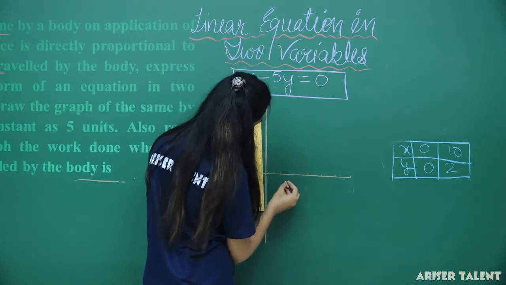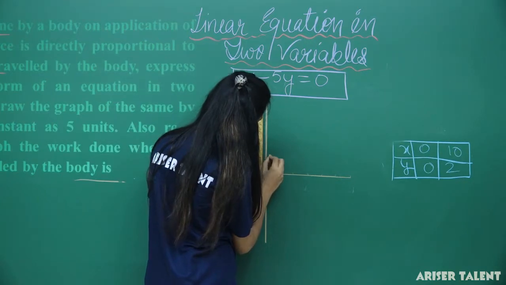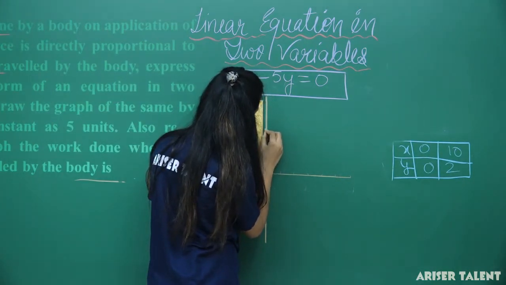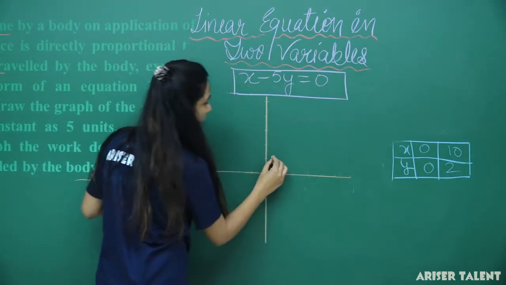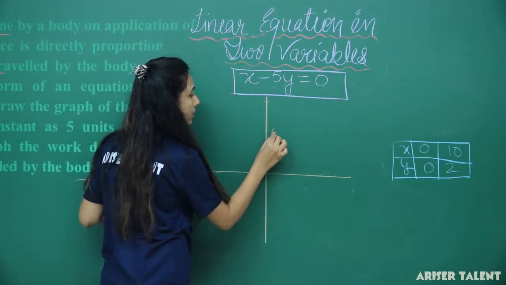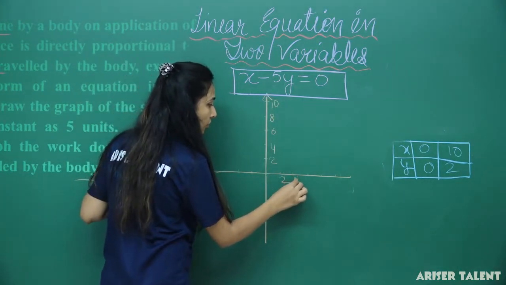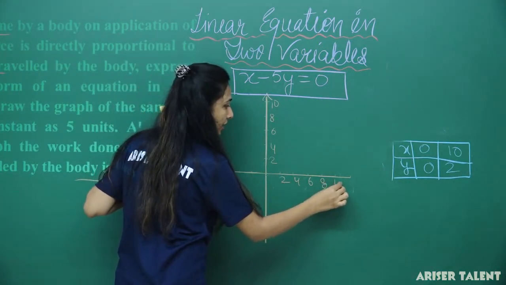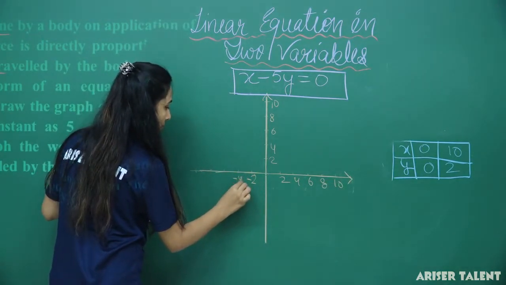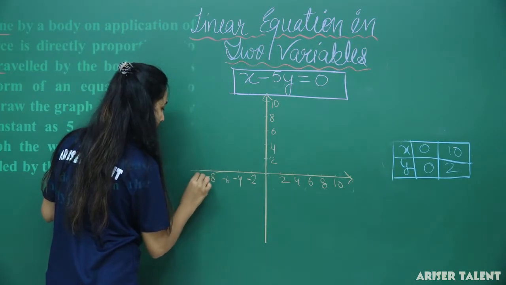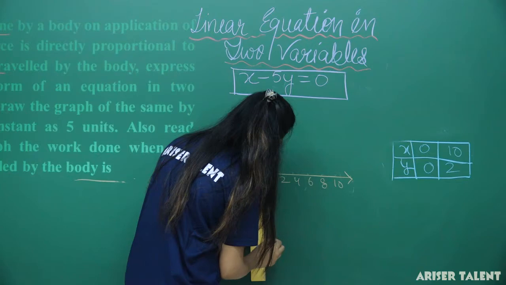So on this we will be having our markings. So that will be 2, 4, 6, 8, 10 this side. Here also 2, 4, 6, 8 and 10. Here also minus 2, minus 4, minus 6, minus 8 and minus 10. Right. And this side also draw it.